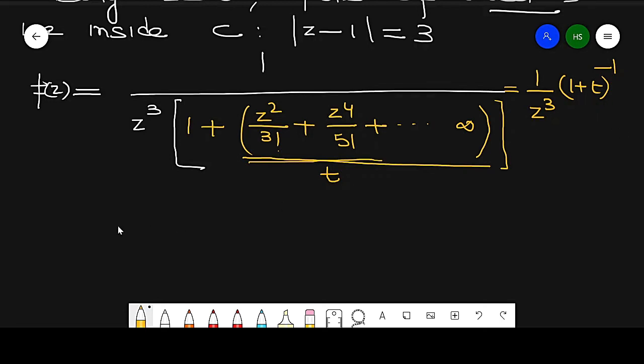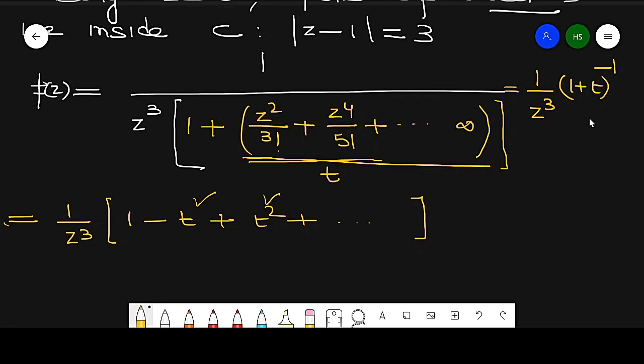Now I can apply the binomial, so 1 by z cube times 1 minus t plus t square plus and so on up to infinity. Now all the t contain the term of z square.